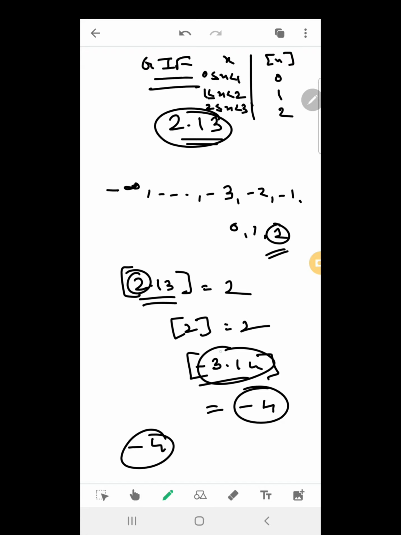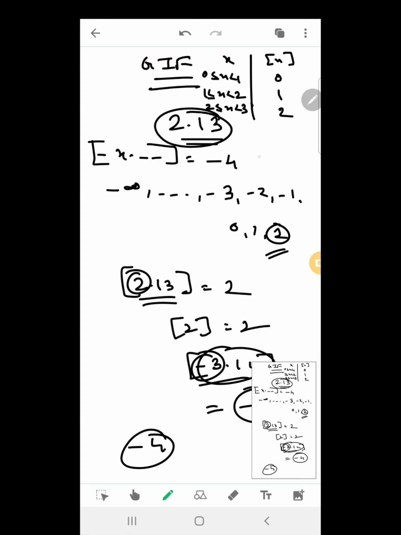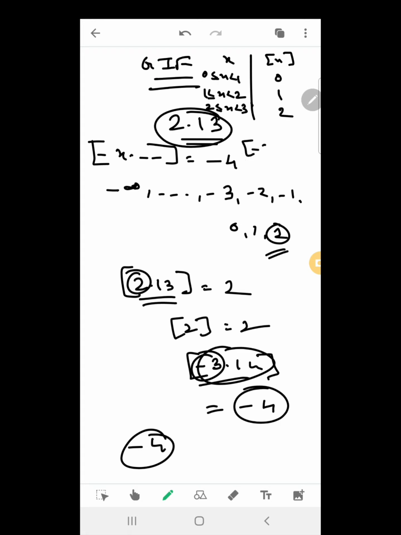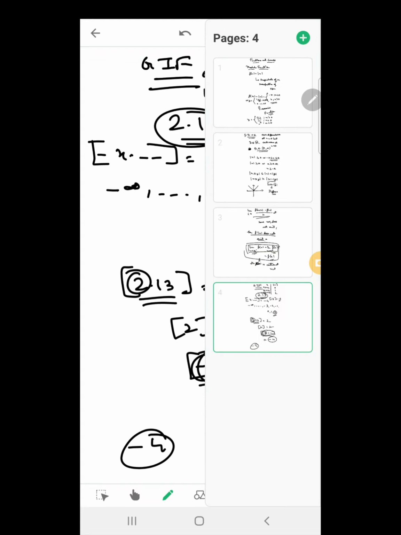If you have a negative decimal like this, the value will be magnitude-wise 1 more than the integer portion, that is -4. Minus x point something, its box will be -4. Box of -3 will be -3. This is also called the stepwise function.